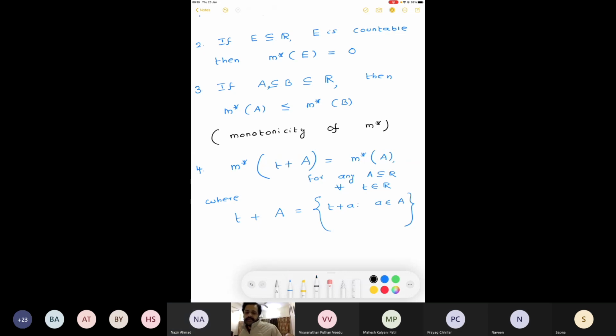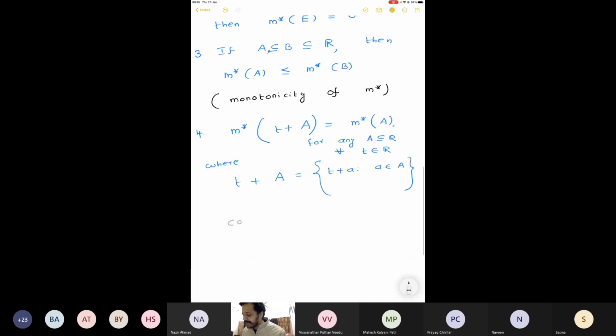This capital A, I took a subset of R, but A may be intervals and those intervals may be of infinite length, and we can include the case infinity as an element of A. That case also we can include, but the convention that you have to take is the following.